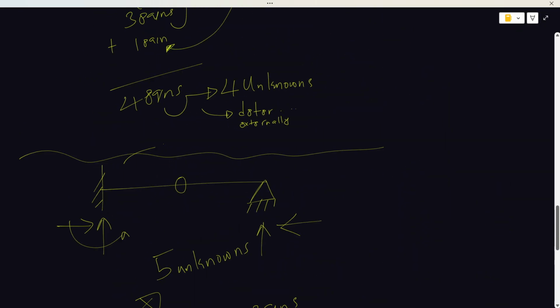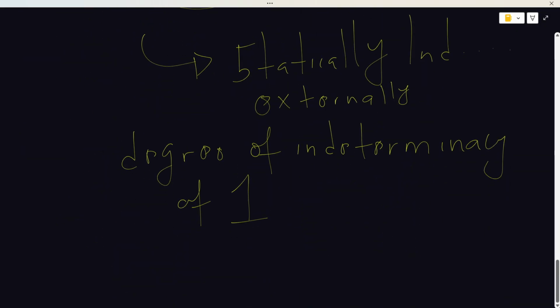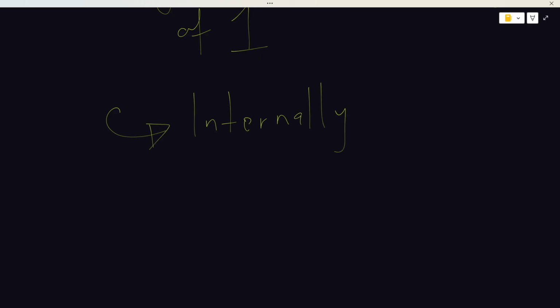Now let's move to the last one. Still under internally unstable structures, but statically unstable externally.